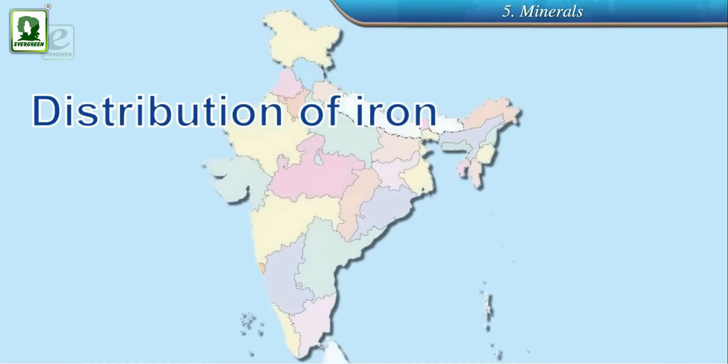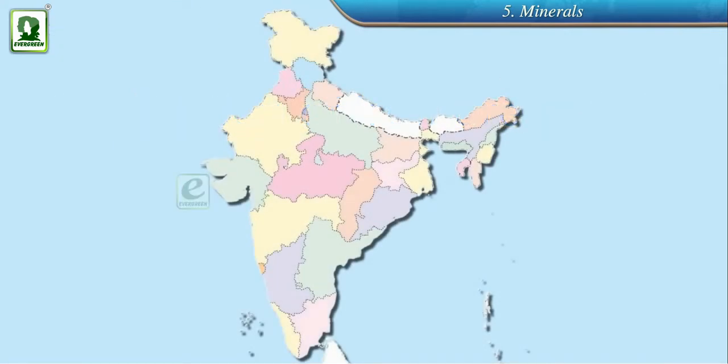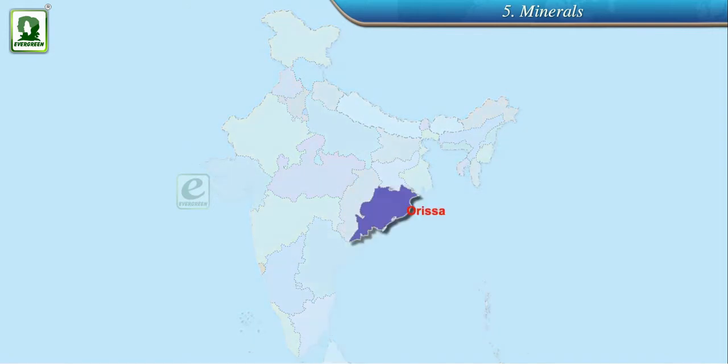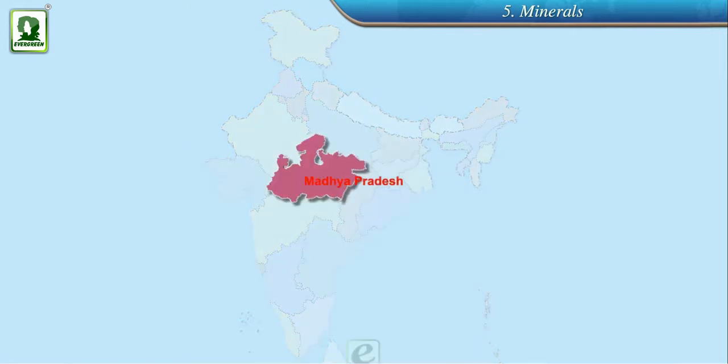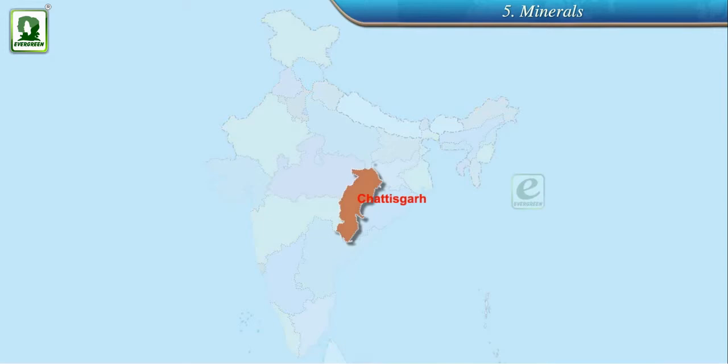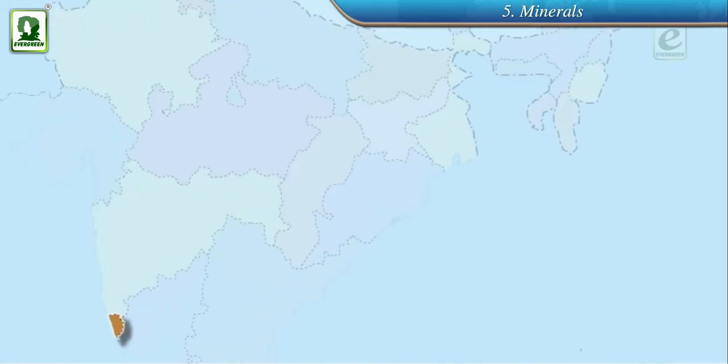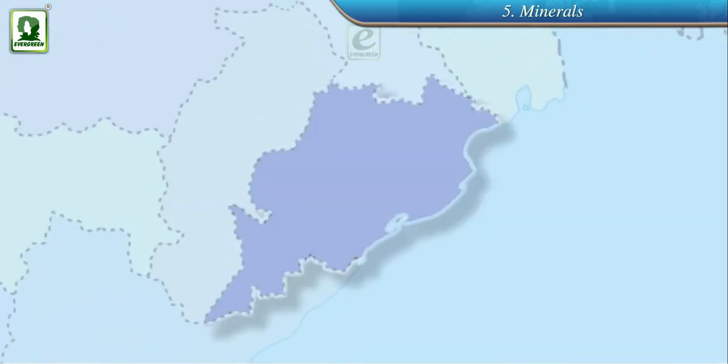Distribution of iron ore in India. Most of the iron ore mines of India are located in the states of Orissa, Jharkhand, Madhya Pradesh, Chhattisgarh, Karnataka, and Goa. About 50% of India's reserves are in Orissa.